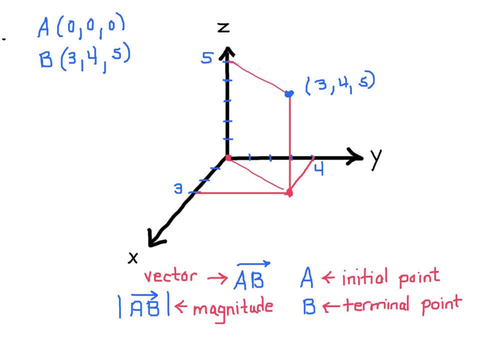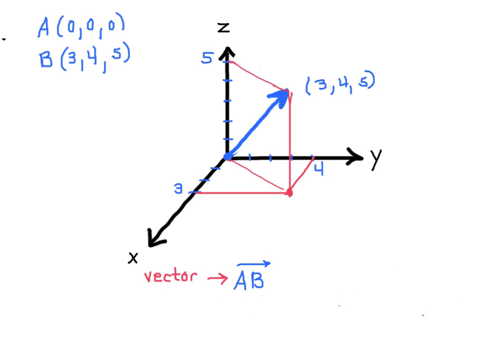So with our initial point A at the origin, 0, 0, 0, and our final point B at 3, 4, 5, we draw a vector from our initial point to our terminal point, and we have vector AB. So here's our vector AB in three-dimensional space.